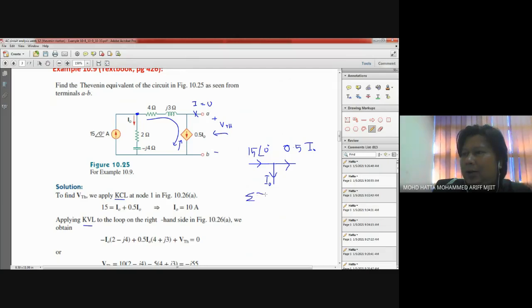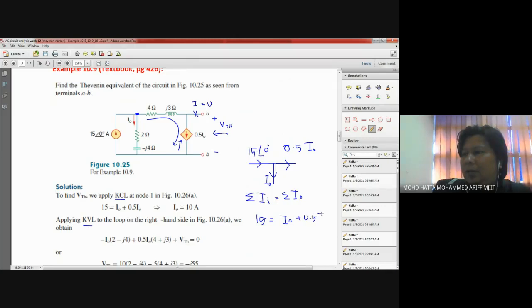So that's why you see here that sum of I in equals sum of I out. If you look at the diagram over here, I in is basically 15 with the angle of 0. You can also write it as 15. And I out is IO plus 0.5 IO.